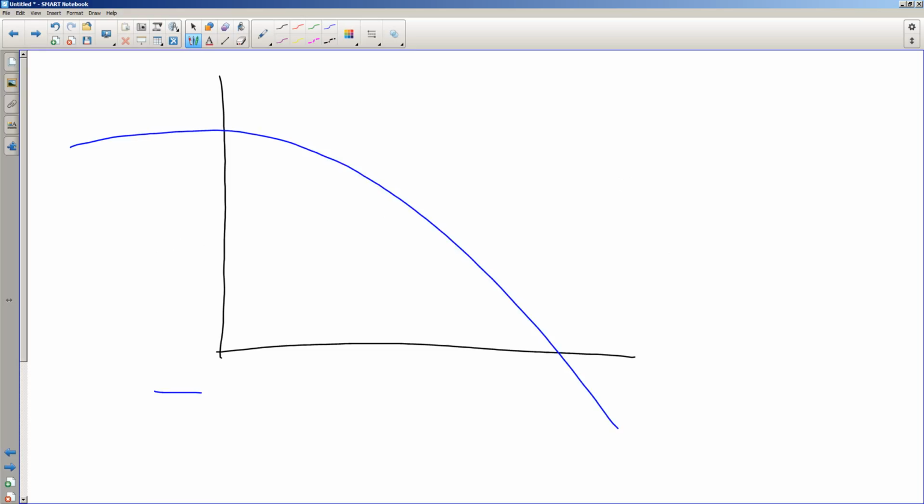And I want to figure out where this x value is. All right, now we know the y value is going to be equal to 0. We want to figure out where this function f of x is equal to 0. So essentially we want to find the root. All right, so how do we go about doing this?